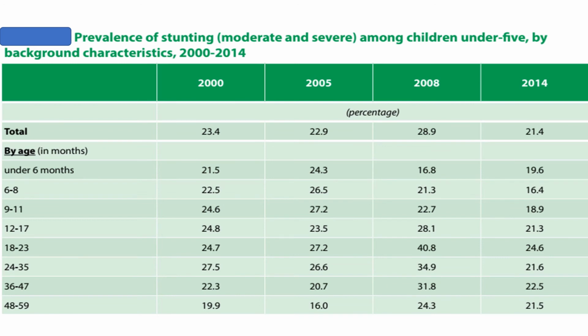Here is a study done in Egypt to show prevalence of stunting, moderate and severe, among children under 5 by background characteristics. The important one is the total at the top.